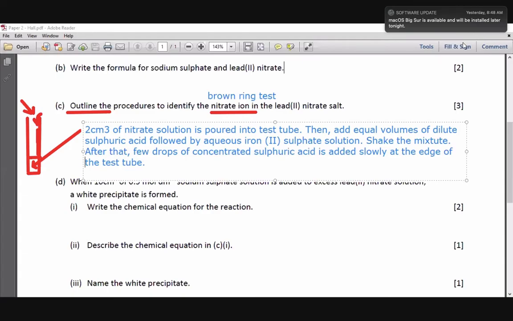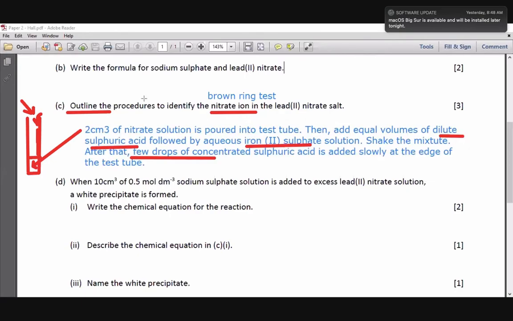Once you are done with this, after you added the concentrated sulfuric acid, there will be one layer of colorless solution, 还有一个 brown layer in between two colorless solutions. Okay, that's it.